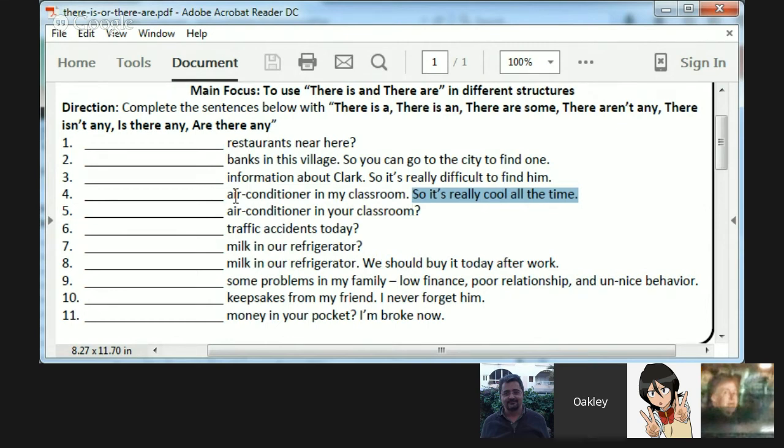There is an, with A-N, because, of course, air starts with a vowel sound. A-N, yes, that is correct. And there must be one because it's very cool. Okay. Question form, Vicente.